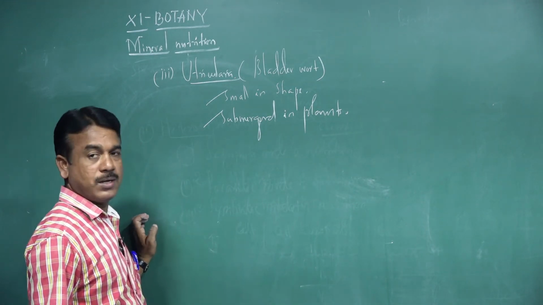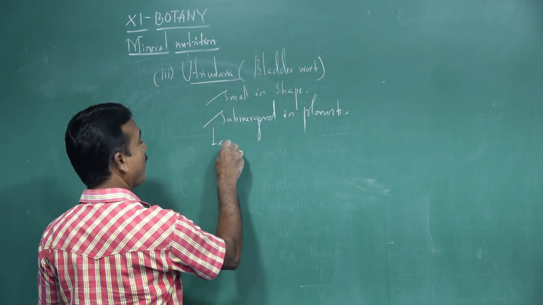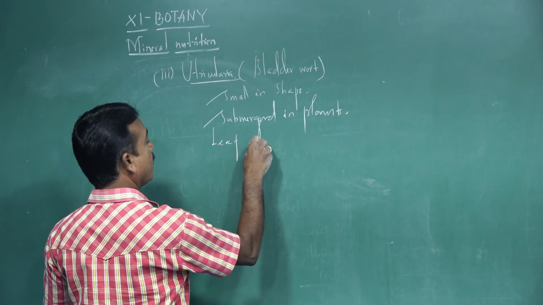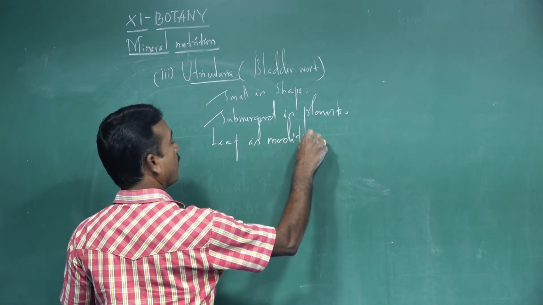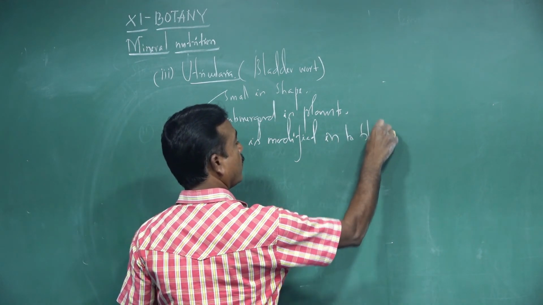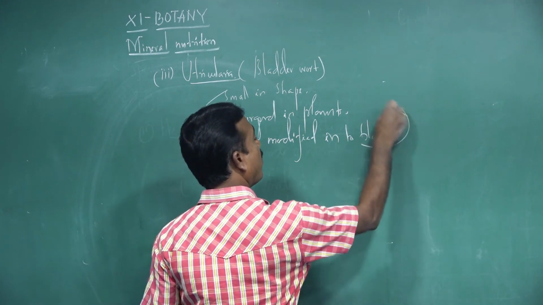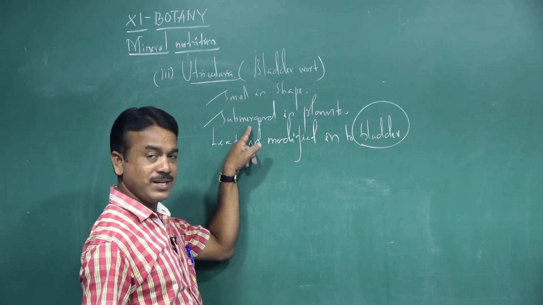Because of this nature, the leaves are modified into bladders, because this plant occurs in a submerged habitat.